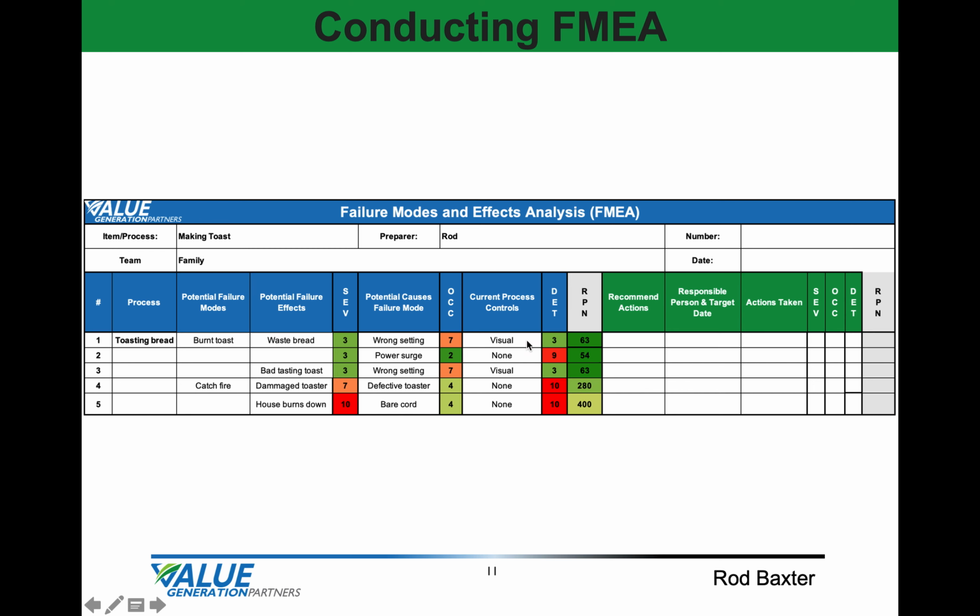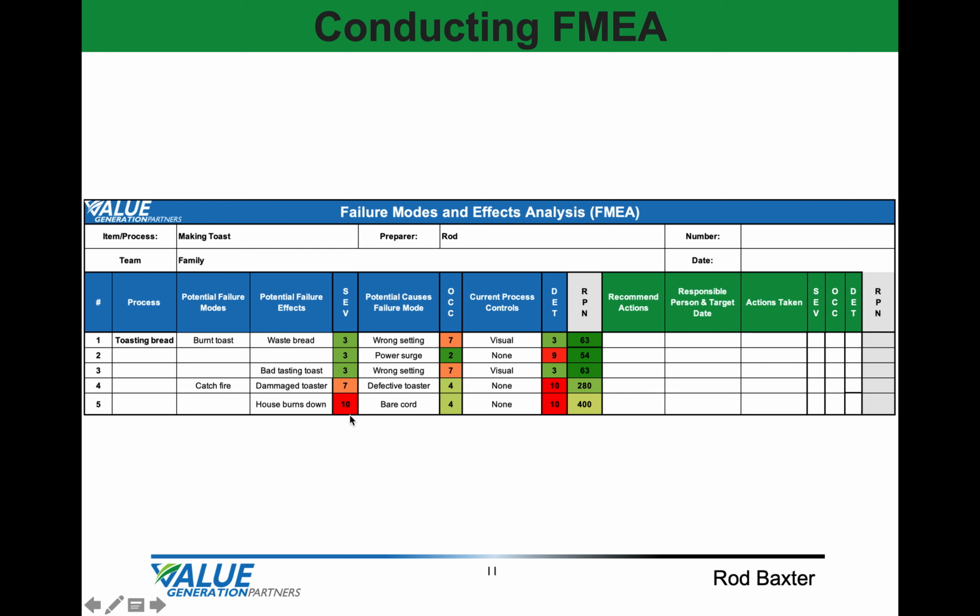We gave the visual of wrong setting a detection score of 3. We'll likely be able to detect that. But a power surge, we gave it a score of a 9. We won't likely be able to detect that. And also for a defective toaster or for a bare cord, we gave those a score of a 10. We won't be able to detect those likely.